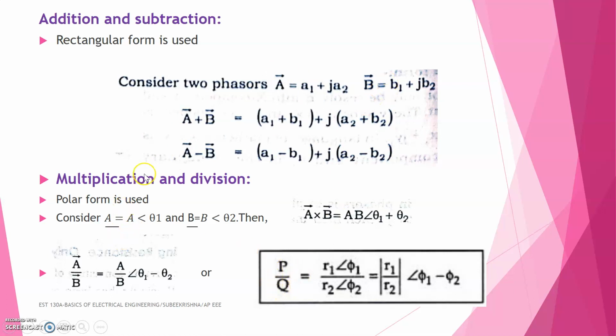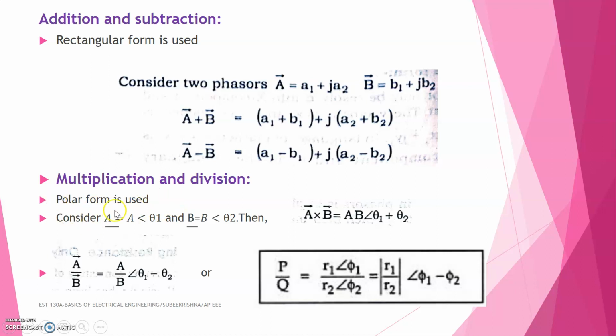And the next operation is multiplication and division. For performing the multiplication and division of two phasors, the phasors should be in polar form.